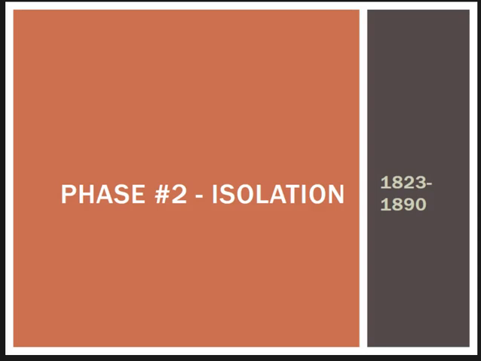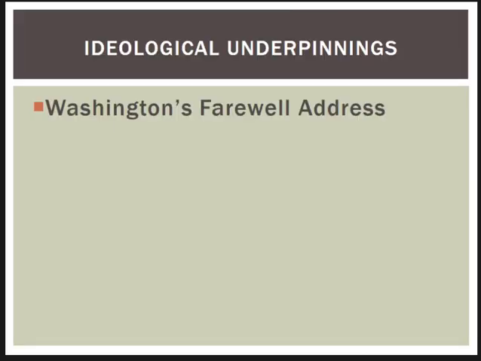Our second phase is isolation, and it is far and away the longest phase. It really goes on for almost 3/4 of a century. It is this period of time when we're largely isolating ourselves from the rest of the world, and that isolation begins with Washington's advice to the nation in his farewell address.